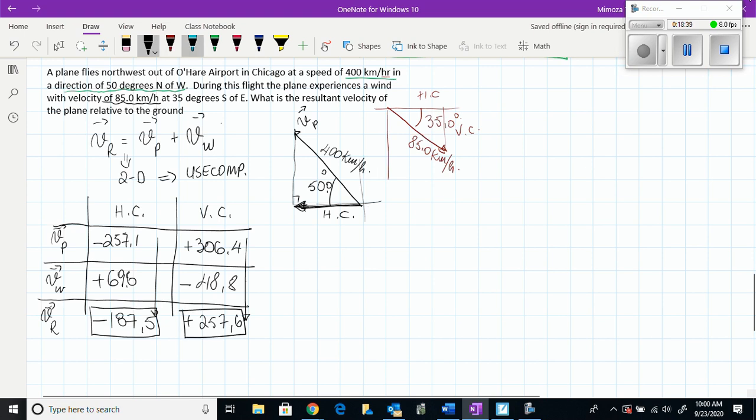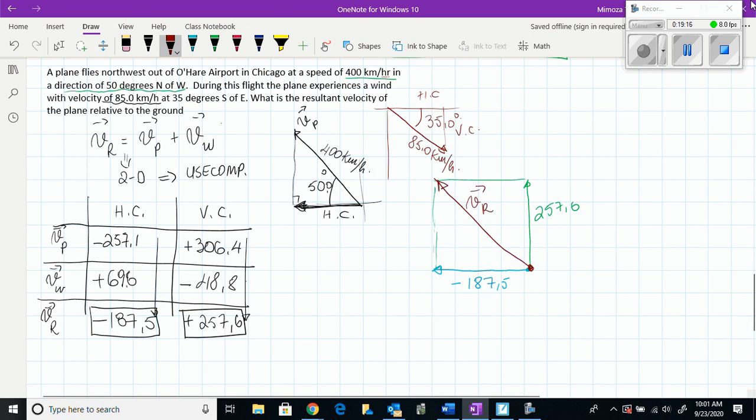What does that mean? The horizontal component is negative 187.5, and the vertical component is positive 257.6. So we construct the rectangle, and the diagonal that starts at the same starting point is the resultant velocity.